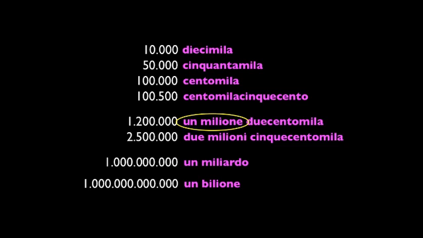That's a billion, and a trillion is 1 bilione. Now that is going to strike an English speaker as very strange because 1 miliardo looks like million, but it's actually a billion, and even more confusing for an English speaker, 1 bilione is a trillion. Okay, so something to keep in mind as you work with these.